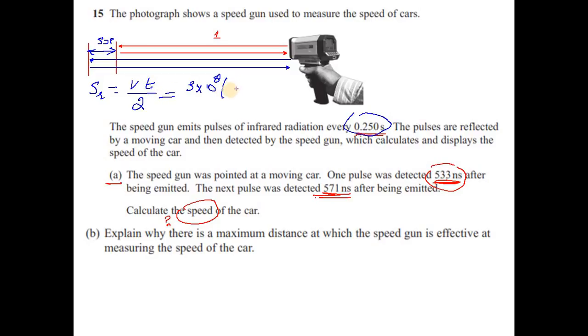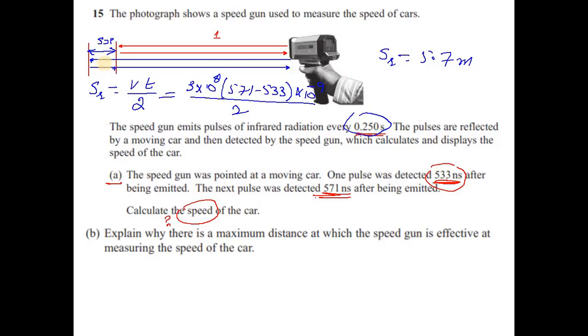T is the time interval for the radiation, so 571 minus 533. Remember, don't forget to put nano, 10 to the power minus 9, divided by 2. If you solve this, SR, the extra distance traveled by the radiation, will be 5.7 meter.